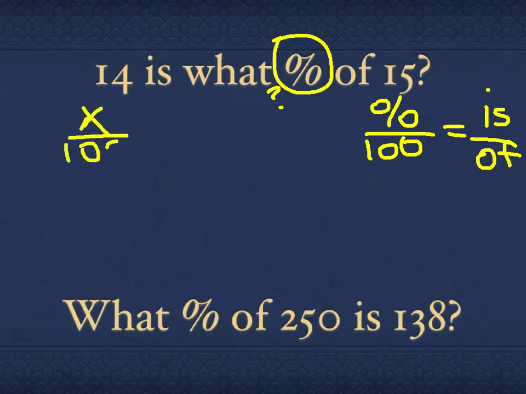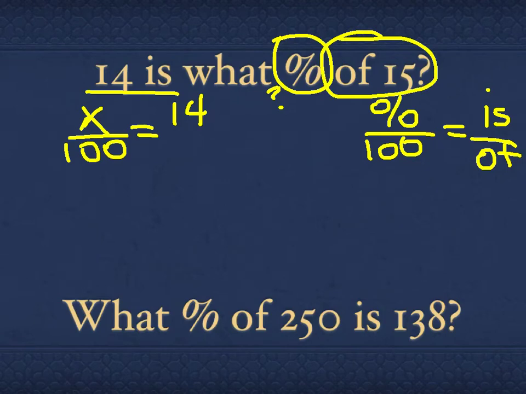So x over 100 equals is. This says 14 is. Bam. There's my is. 14 of 15. Of 15. Percent, which is what we don't know, over 100 equals is over of.